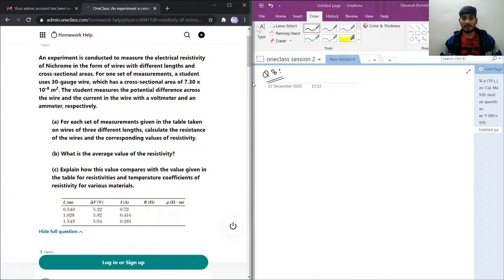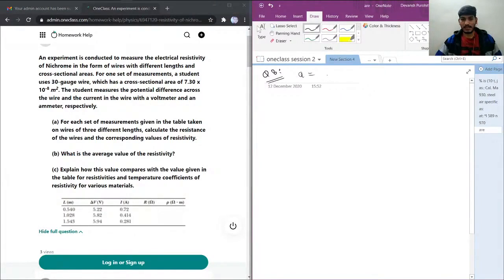For one set of measurement, a student uses 30 gauge wire which has a cross-section area of 7.3 into 10 power minus 8. Area is 7.3 into 10 power minus 8.